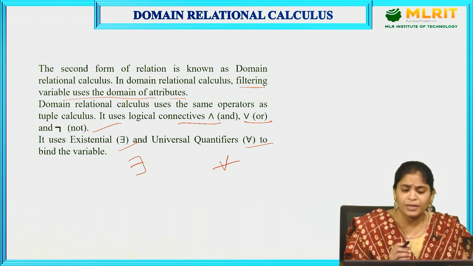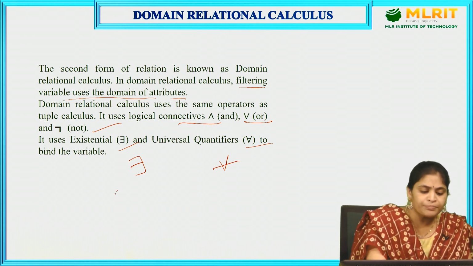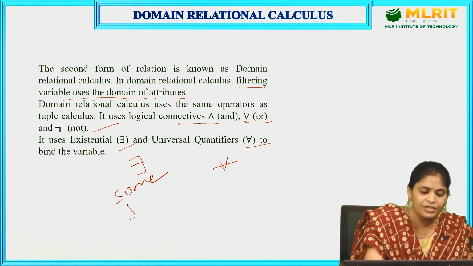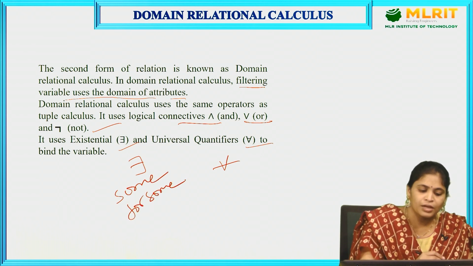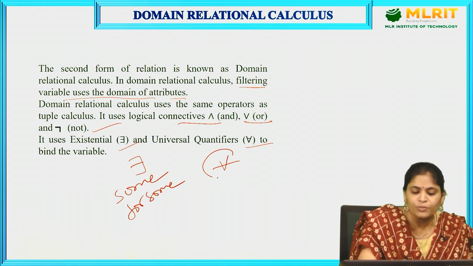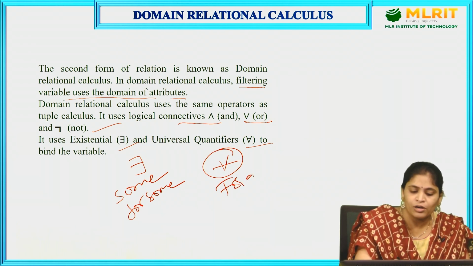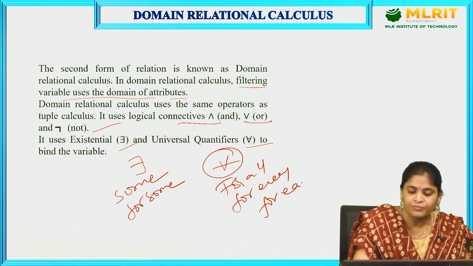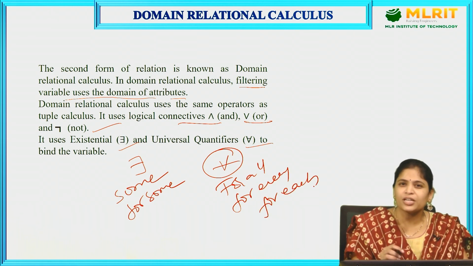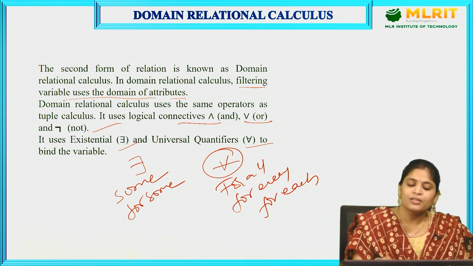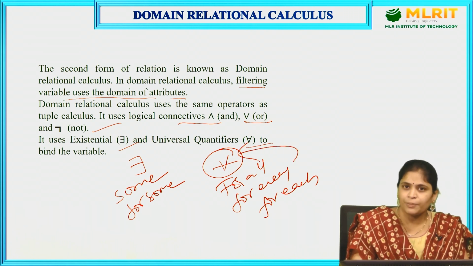Existential quantifier basically represents only some set, for example, for some. A universal quantifier is used to represent all, for example, for all, for every, for each. To represent each and every person, the universal quantifier will be used.